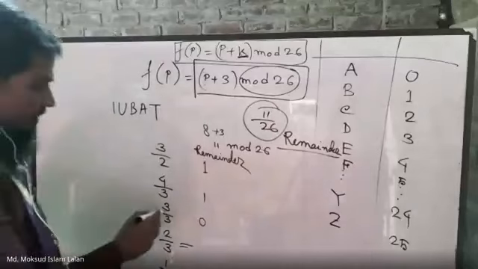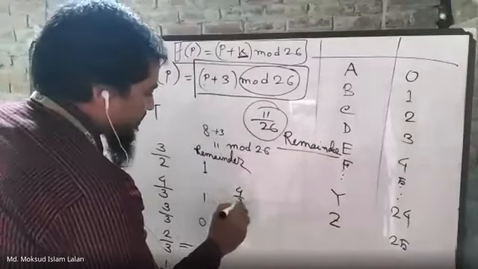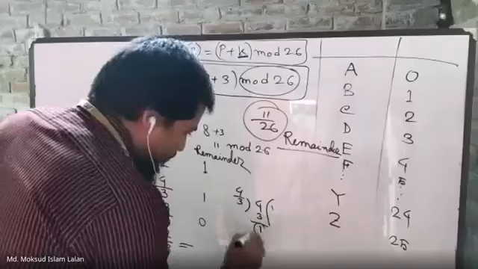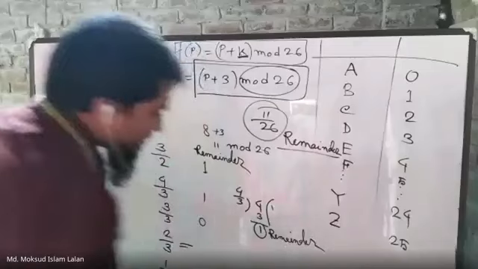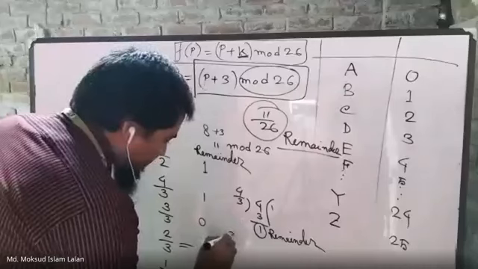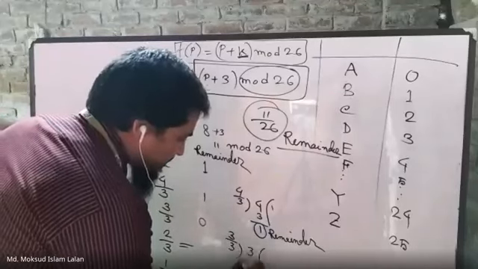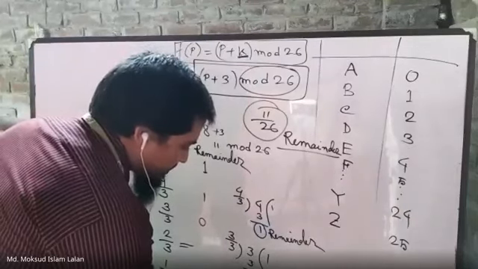You are telling 0, how can we tell 0? We can divide. Let us see what we do. 1, 3, then 0. You are telling this is the remainder, right?